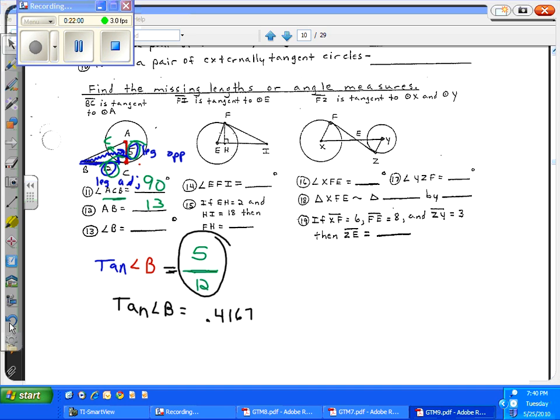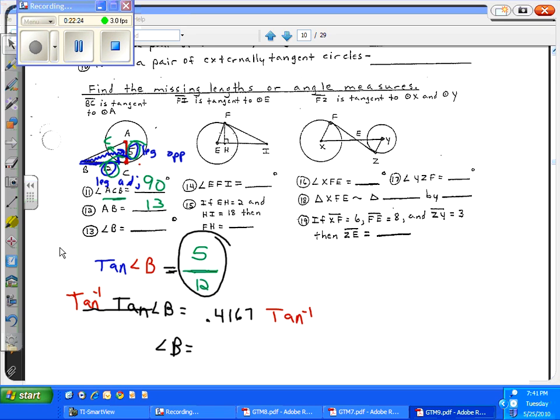We've done all we can do to simplify. Now we're going to undo the tangent function with its inverse function, inverse tangent. The inverse tangent function cancels the tangent function. And so we get angle B is equal to inverse tangent 0.4167.